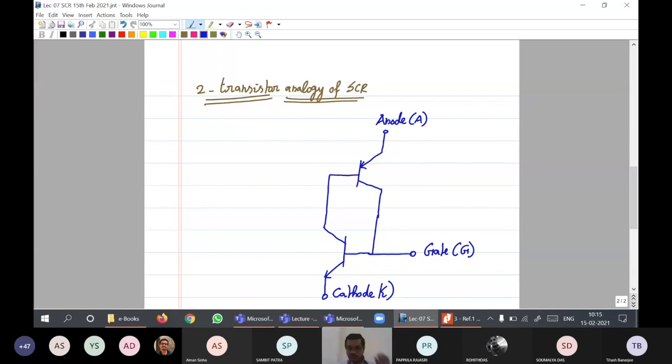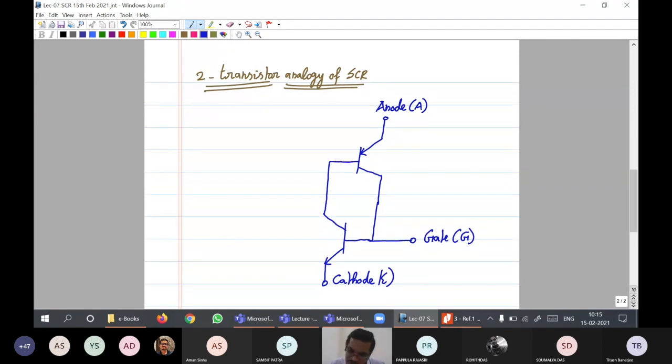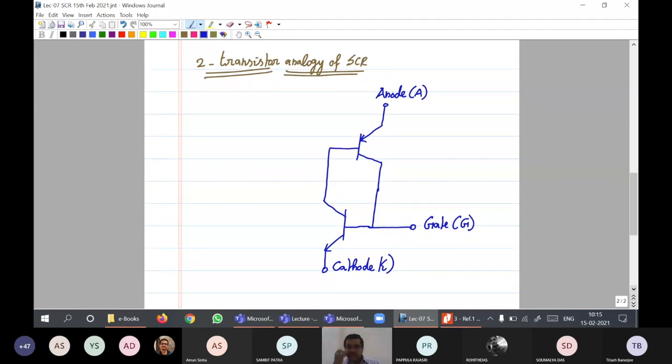That's all. So this is the two transistor model, or two transistor analogy, of an SCR.